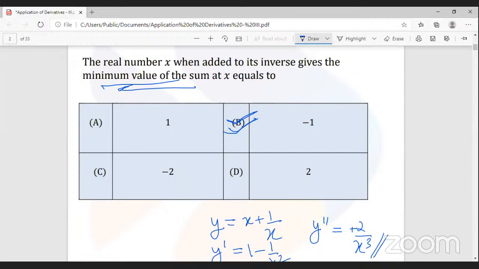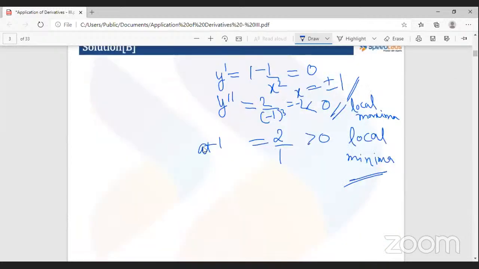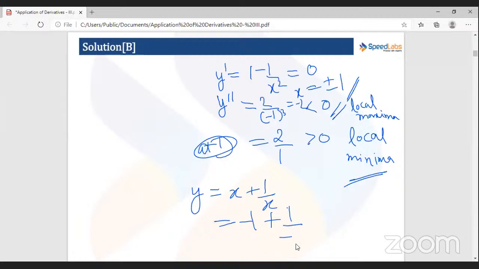So the minimum value of the sum will come not at 1, the minimum value of sum will come at minus 1, plus 1 of minus 1.